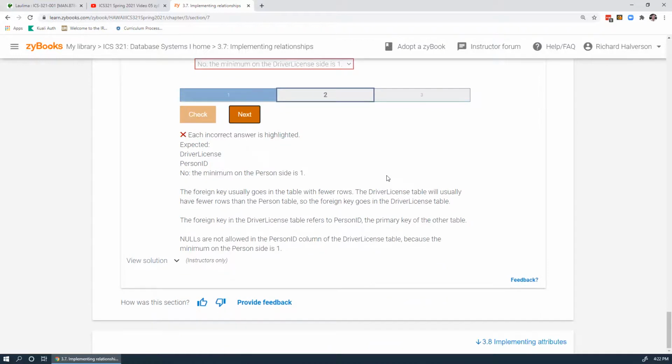So the answer is nulls are not allowed in the person ID column of the driver's license table because the minimum on the person side is 1. See, I don't have that straight in my brain what that means. The minimum on the person side is 1.